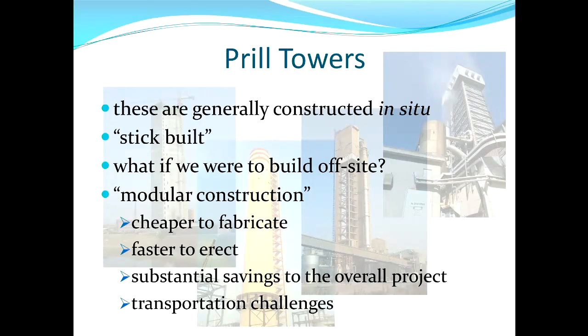You want the overall cost of the project to be less, but it's anticipated that there are going to be some transport challenges. Instead of bringing a whole lot of sticks in and sort of gluing them together on site, you are bringing in this massive structure that needs to be transported to site and stood up on its end.